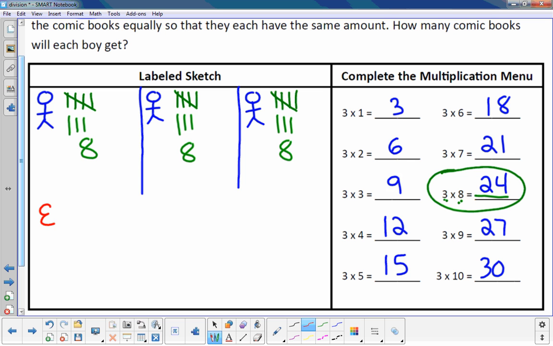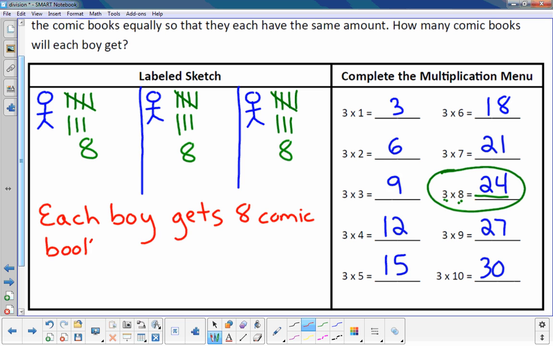So I'm going to write each boy gets 8 comic books, and there is 1 left over, or 1 left.